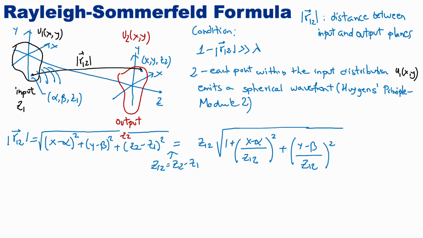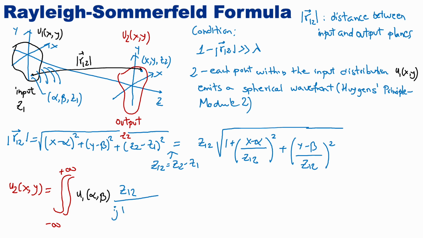And when we want to estimate the complex amplitude in the output, we have an integral over the whole domain of the complex distribution in the input plane, multiplied by c12 over j lambda times the distance between the two planes squared, and then the exponential of jk r12, with differential of alpha, differential of beta.